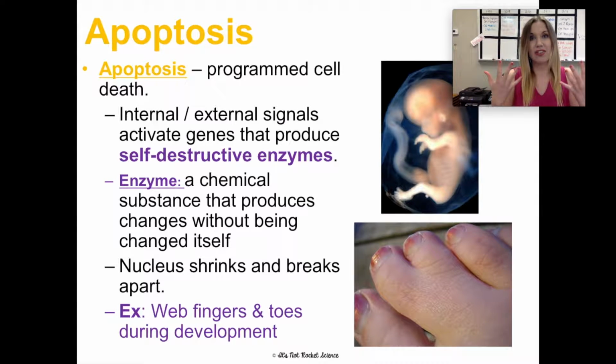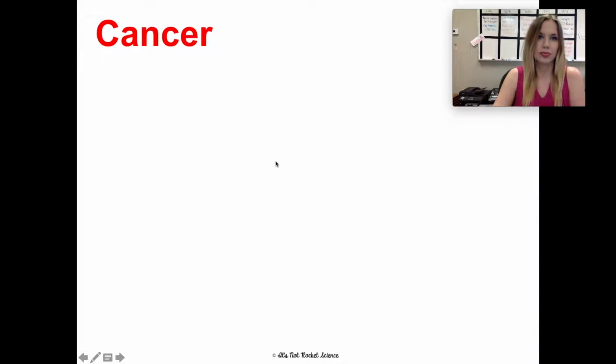That's what formed all of our appendages, our fingers, our toes, essentially anything about our shape, because we start out very circular, bulgy-like, and through the process of apoptosis, we slim down and trim everything and make it look nice and pretty.